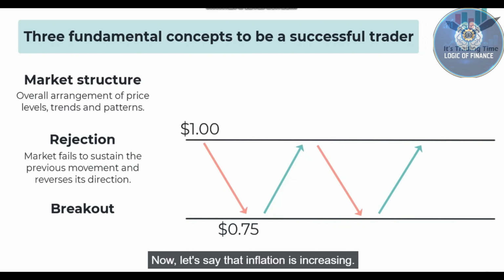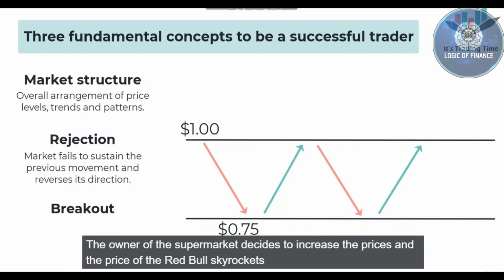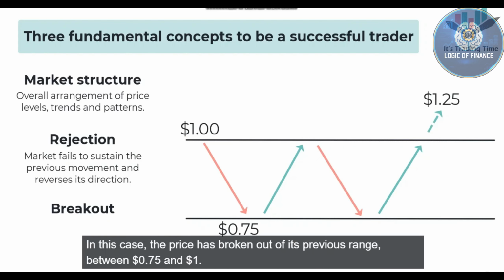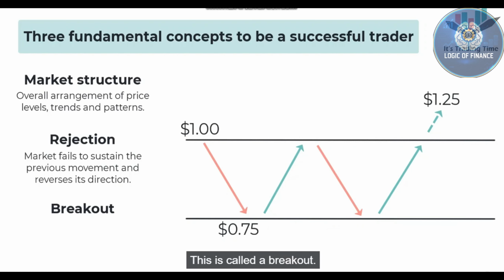Now, let's say that inflation is increasing, the owner of the supermarket decides to increase the prices, and the price of the Red Bull skyrockets to $1.25. In this case, the price has broken out of its previous range between 75 cents and $1. This is called a breakout.